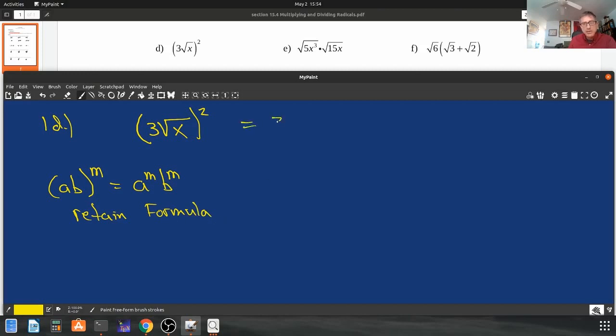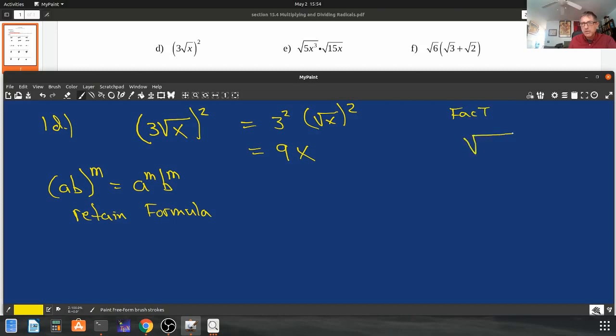So this is equal to 3 squared times the square root of x squared. Well, 3 squared is 9, and just by what we observed a second ago, the square root of x squared is equal to x. So that's 9x.